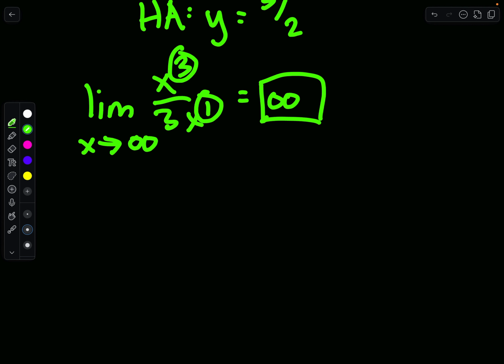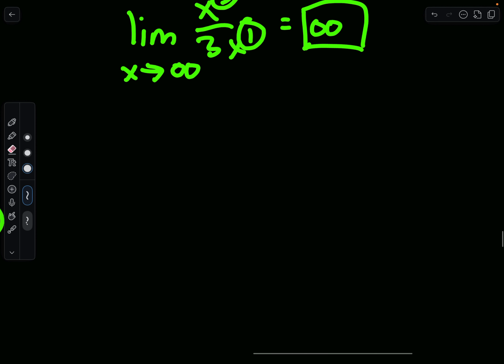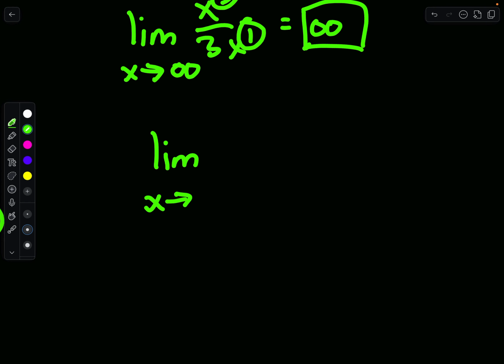Now a vertical asymptote happens when the function blows up to infinity near a certain x value. An example is the limit as x goes to 2 of 1 over x minus 2.